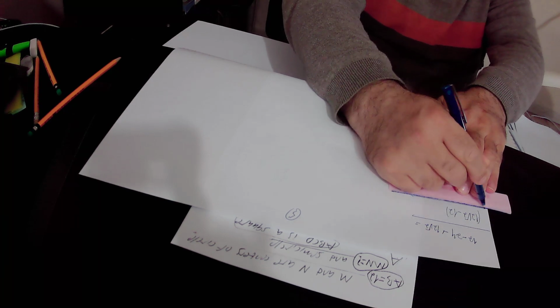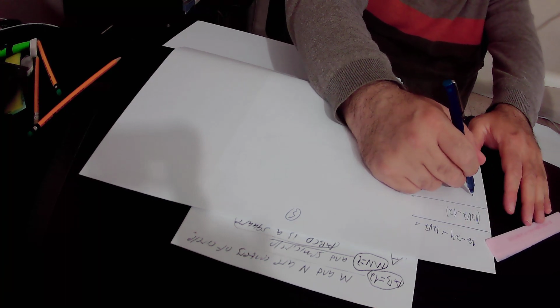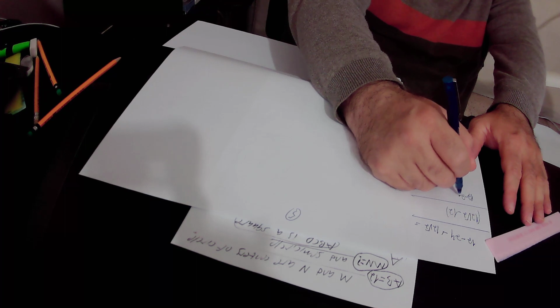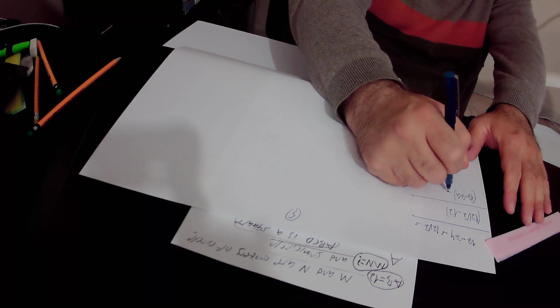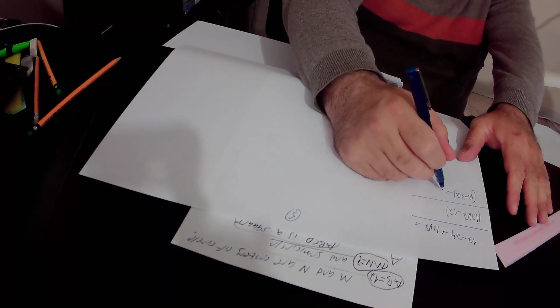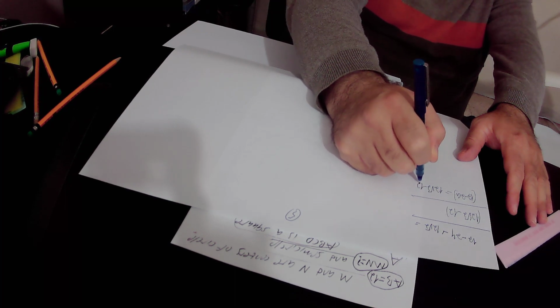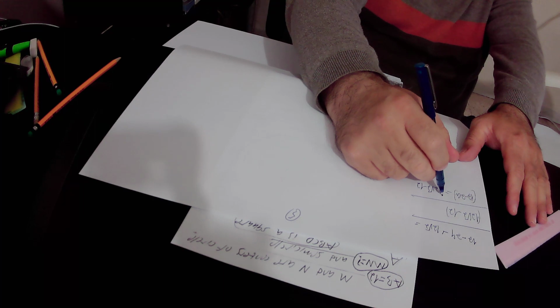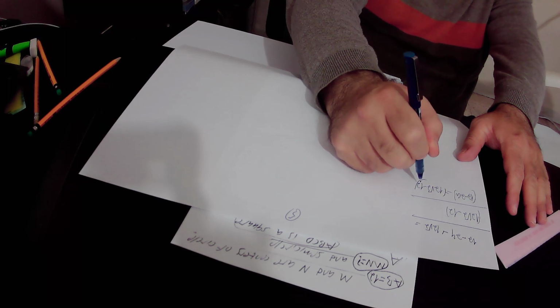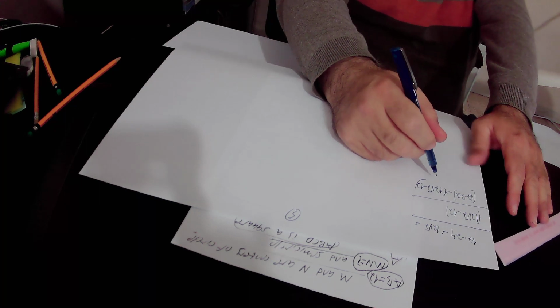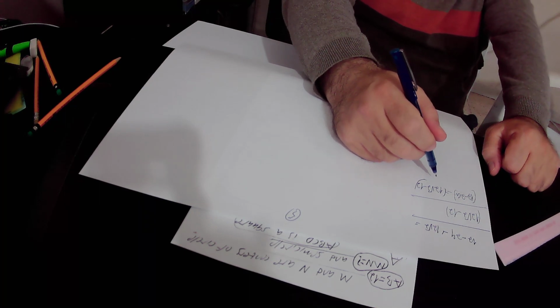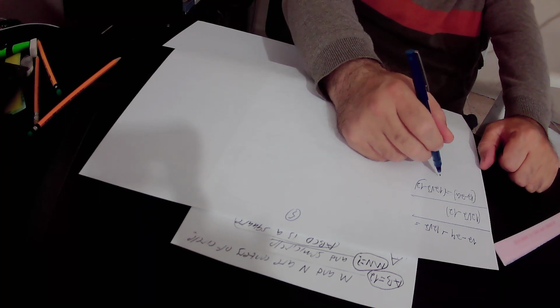So in conclusion, we found out that 12 minus 2A is equal to 12 times square root of 2 minus 12. Here we take 12 as a common factor out of this expression.